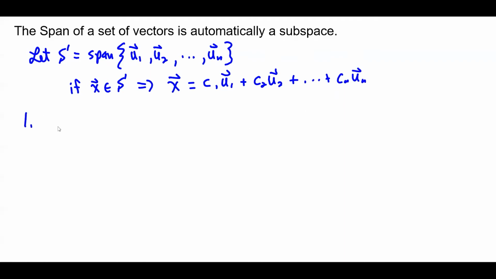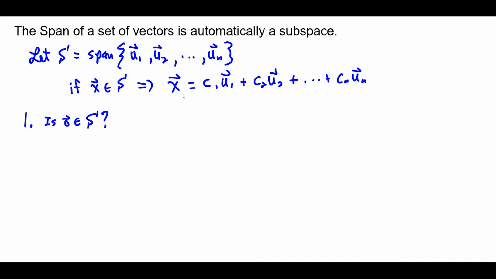So let's check to see if the three things are satisfied, the three properties. So one is the zero vector part of S? So the answer is yes, because if I just let all these C's be zero, then when I take the linear combination, I get the zero vector.